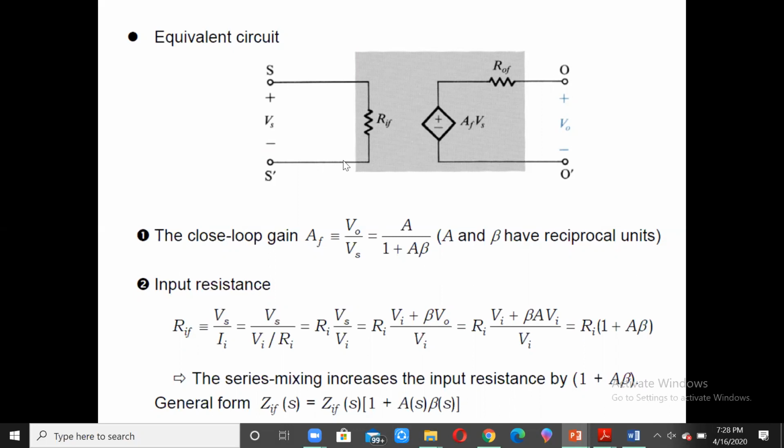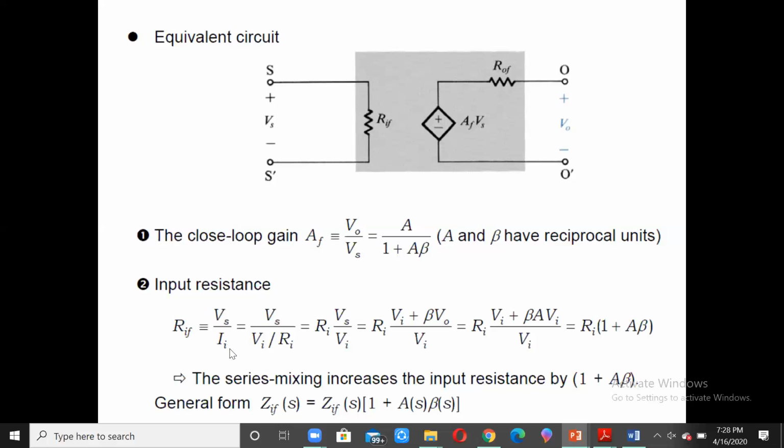The input resistance of the amplifier RIF over here is equal to Vs divided by the value of II. So Vs divided by the current which is flowing here, II, will give us the input resistance with feedback.